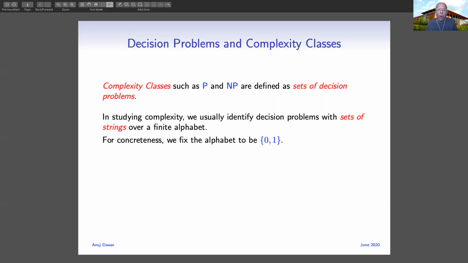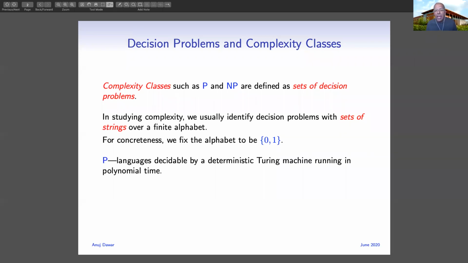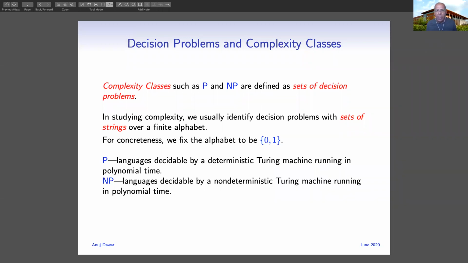To be even more concrete, we will identify the fixed finite alphabet. We'll just take it to be the two-letter alphabet with 0 and 1 in it. And then we get definitions like of P and NP. P is those languages which are decidable by a deterministic Turing machine running in polynomial time, and NP is languages decidable by a non-deterministic Turing machine running in polynomial time.